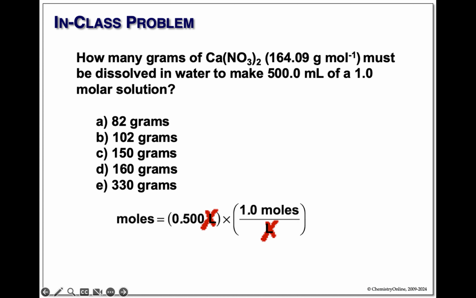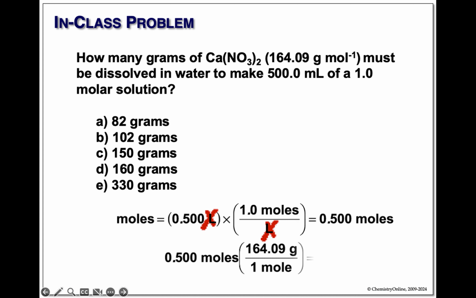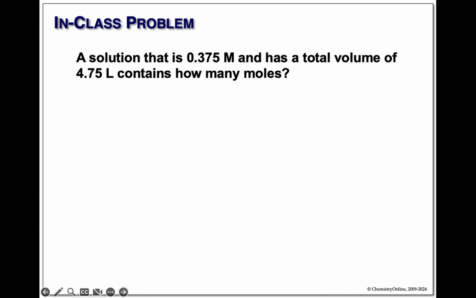That's a ratio. Those cancel. 0.5 times 1. We're looking at half a mole. This stuff is 164 grams per mole. Those cancel. Basically half of that is going to be 80 something. 82 it was.